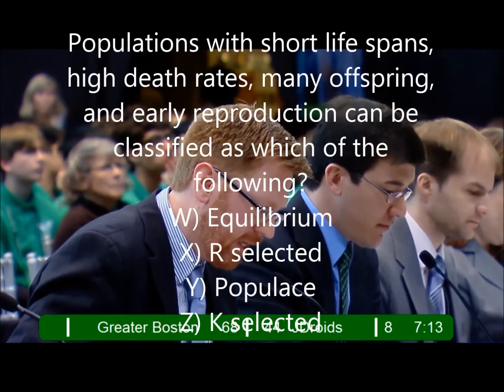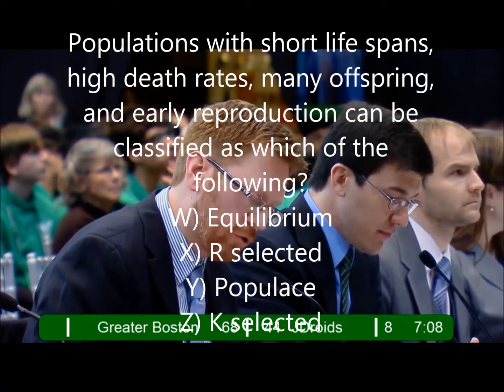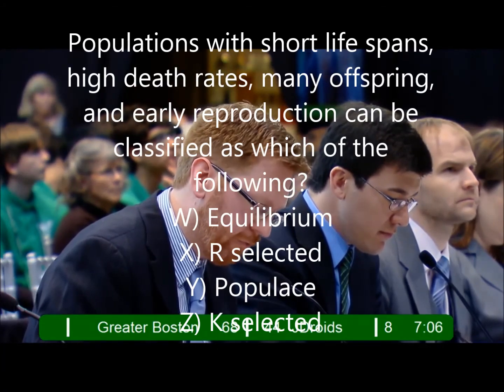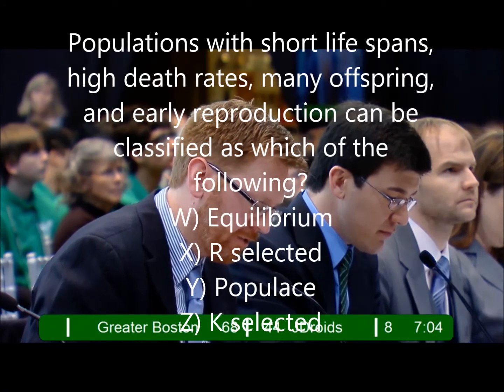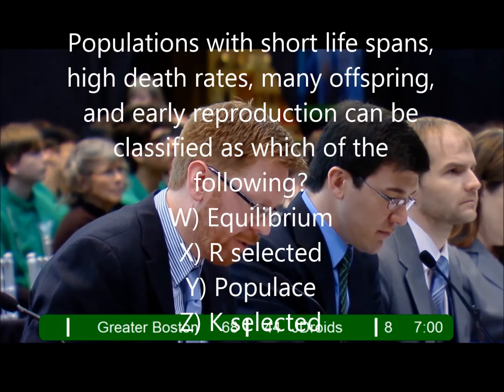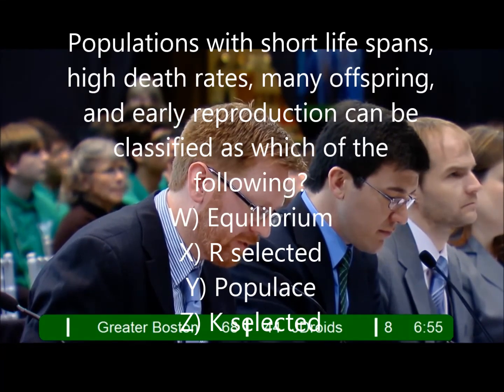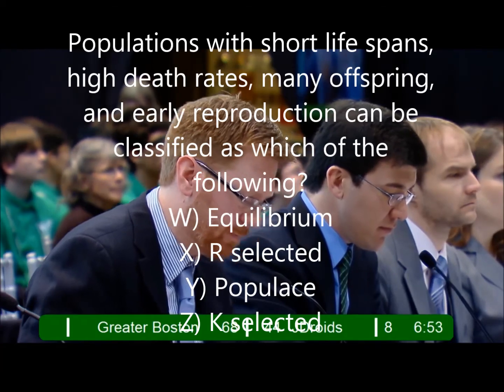Thank you. Toss-up 18, general science, multiple choice. Populations with short lifespans, high death rates, many offspring, and early reproduction can be classified as which of the following? W, equilibrium, X, R-selected, Y, populous, Z, K-selected.